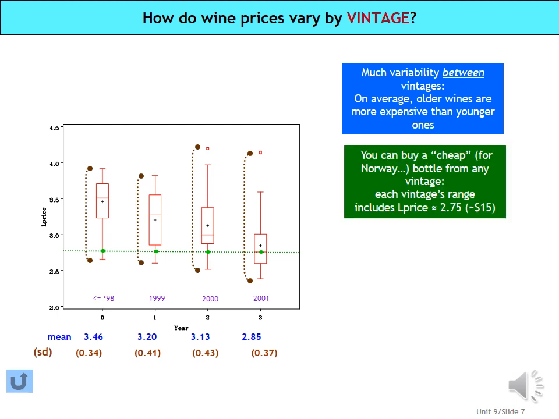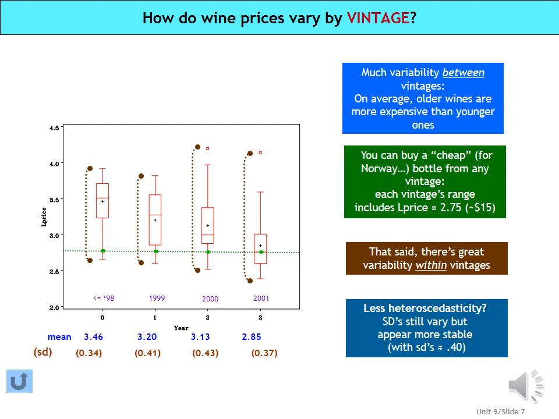Again, you can buy cheap wines from any vintage. Older vintages also have cheaper wines that you can find. The within ranges are great. That's what we see. But the difference between the other one and this one is that this is less heteroscedastic.